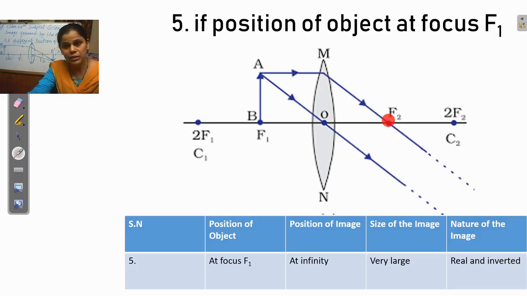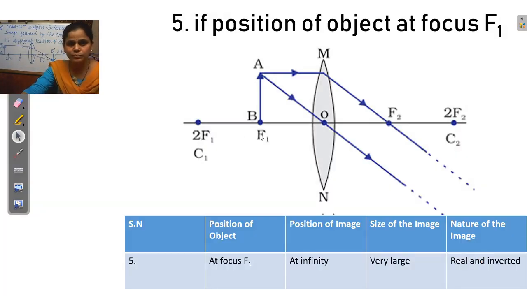But here you can see these refracted rays are parallel. So extend these lines, they don't intersect, and you cannot determine the position of the image. So in this case, write down the position of the image at infinity, and the size of the image very large. Then the nature is real and inverted.